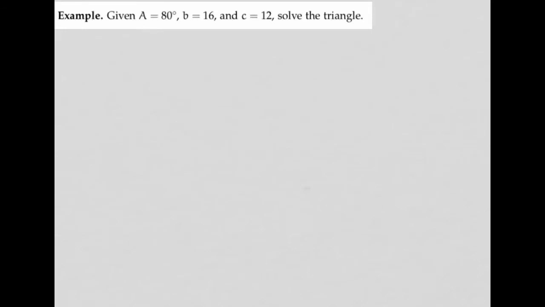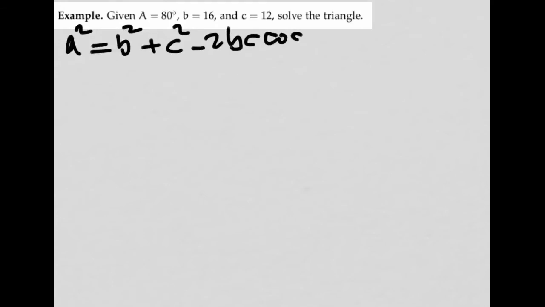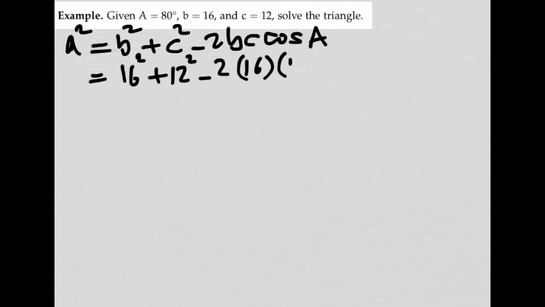Second example, given that angle A is 80 degrees, b is 16, and c is 12, let us solve for the triangle. We start out by writing a squared is b squared plus c squared minus 2bc cosine A. So a squared is 16 squared plus 12 squared minus 2 times 16 times 12 times cosine of 80 degrees.